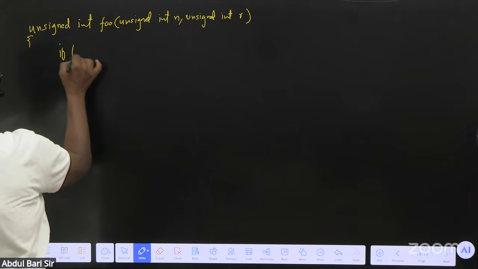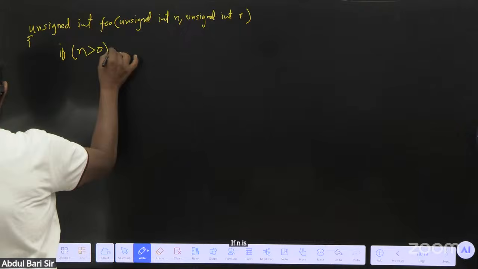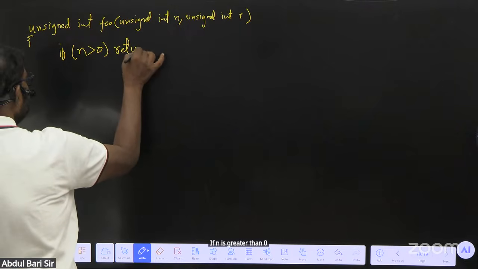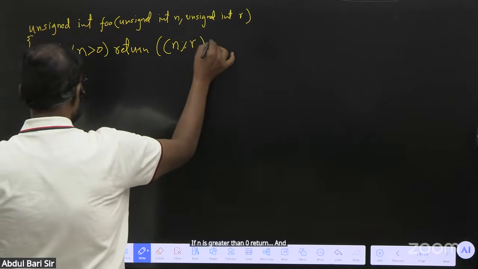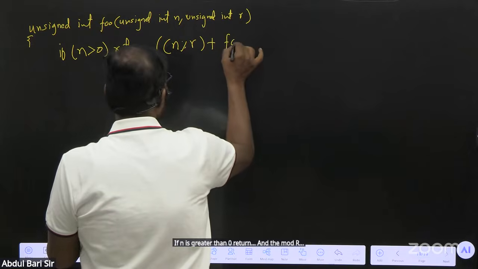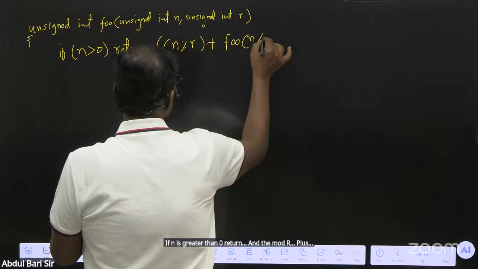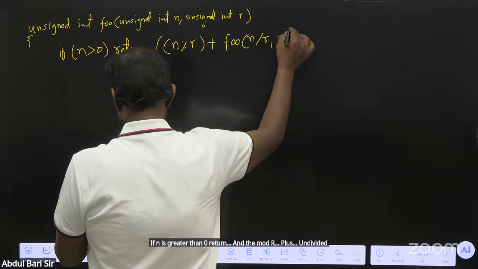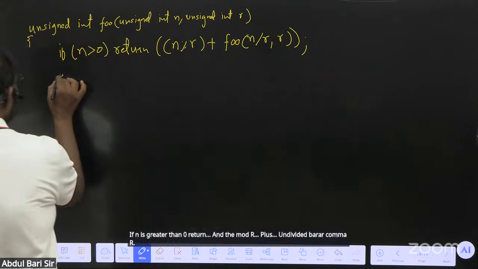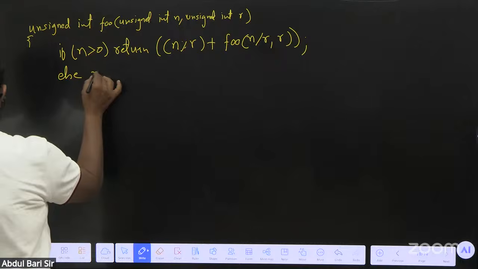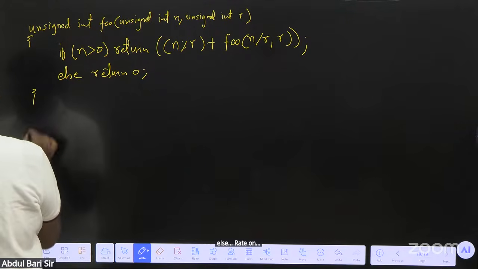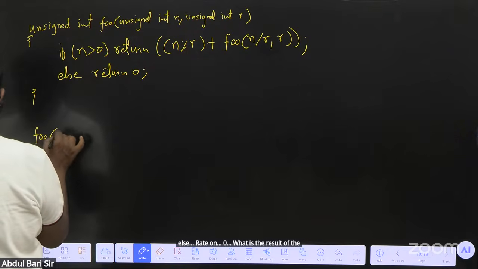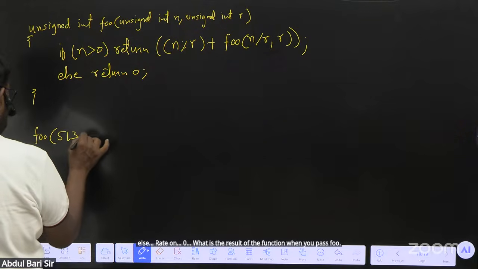If n is greater than 0, return n mod r plus foo of n divided by r comma r, else return 0. What is the result of the function when you pass foo 513 comma 2?